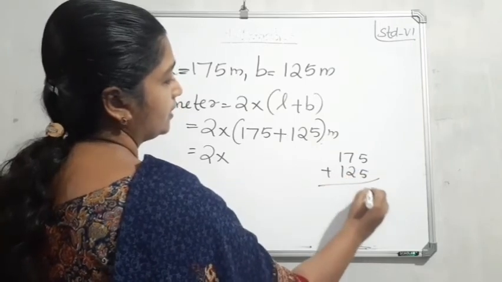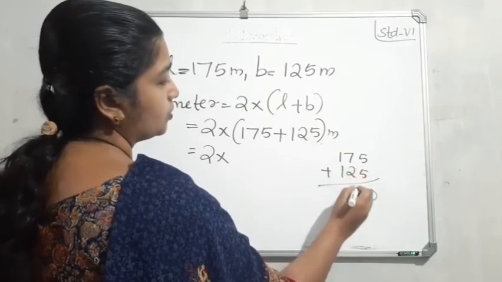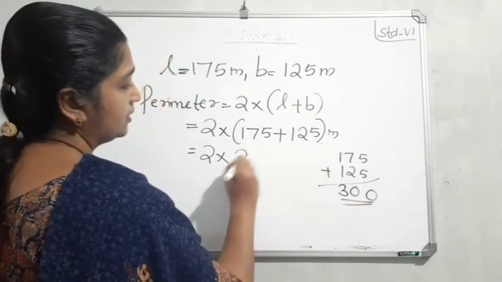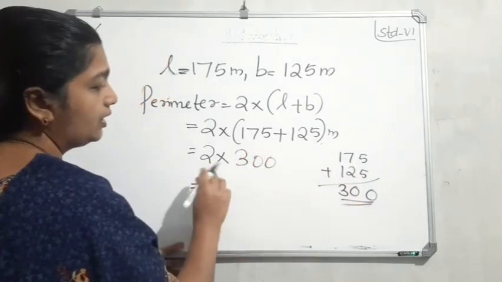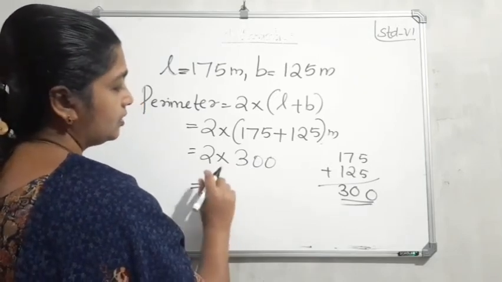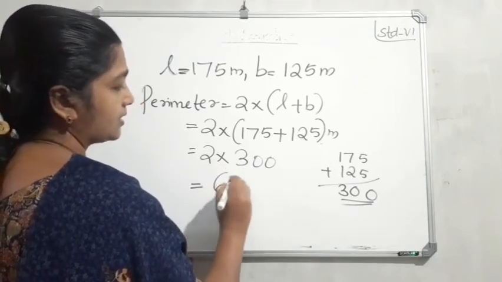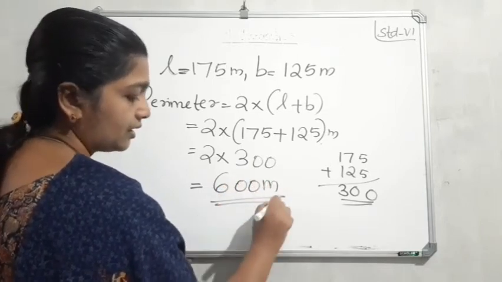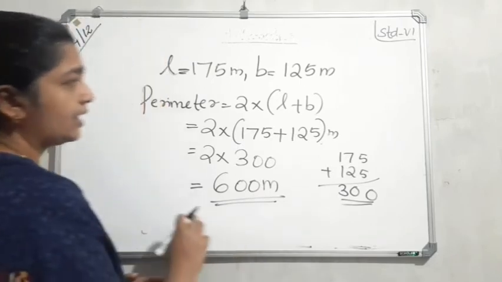That equals 2 into 300, that is 2 threes are 6, then 0. That equals 600 meter.